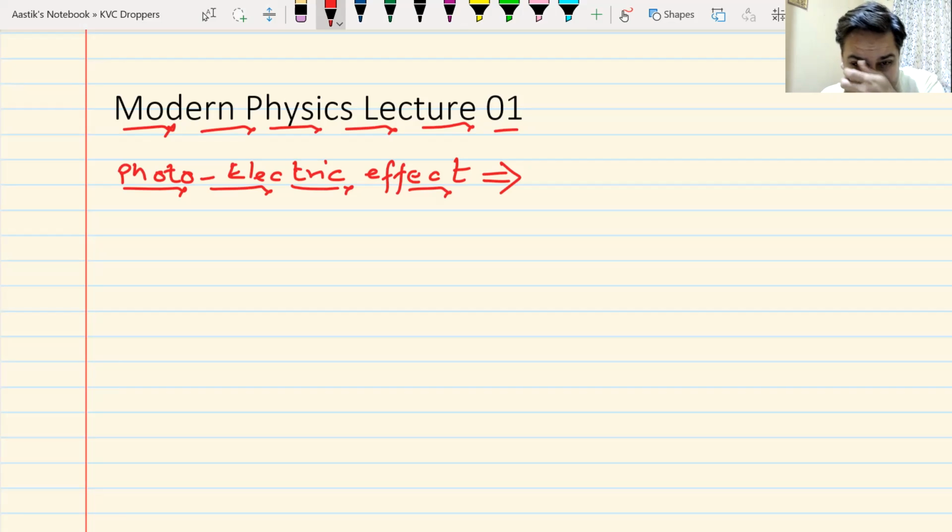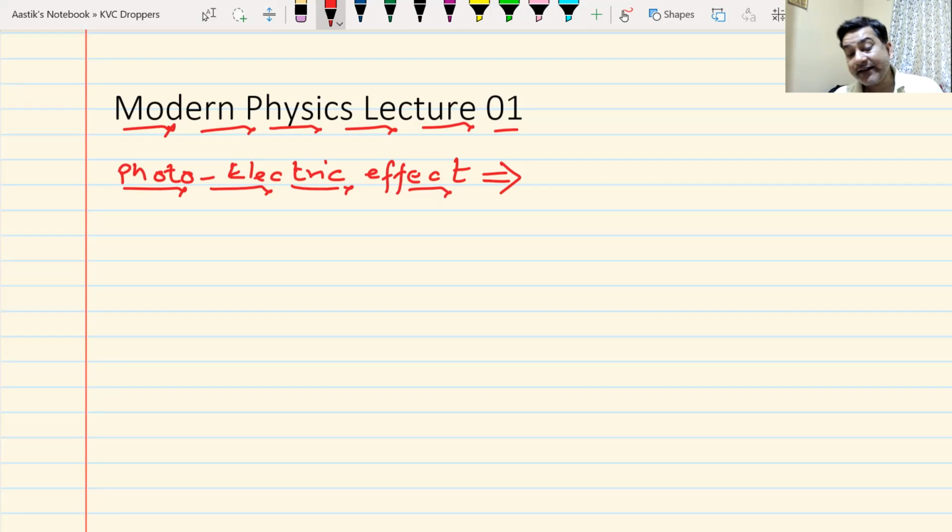Now, have you heard that light is an electromagnetic wave? Yes or no? Yes, sir. Light has energy. Yes or no? Yes, sir. Now, if light has energy, if you allow light to fall on certain metals, elements, it may happen that this light has sufficient energy to liberate electrons from that atom.